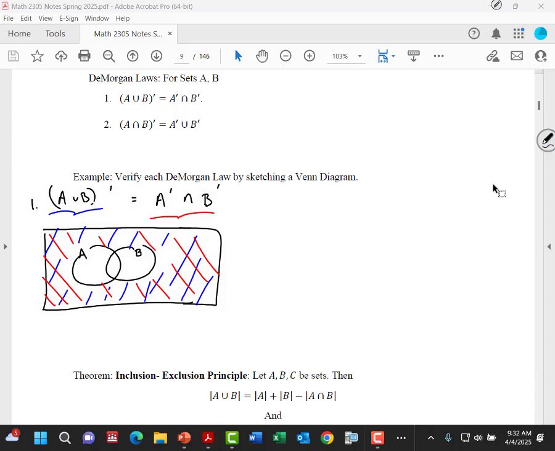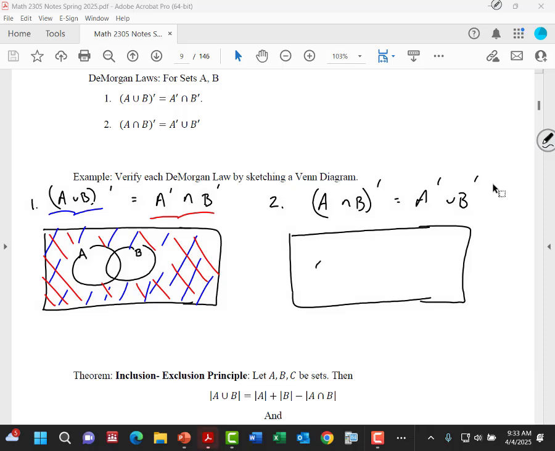Similarly, for this second one, I can say A intersect B complement equals A complement union B complement. If I wanted to draw this one, here's A. So A and B complement, that's everything that is not in the intersection.